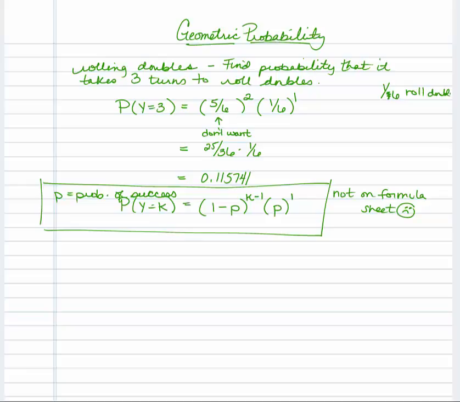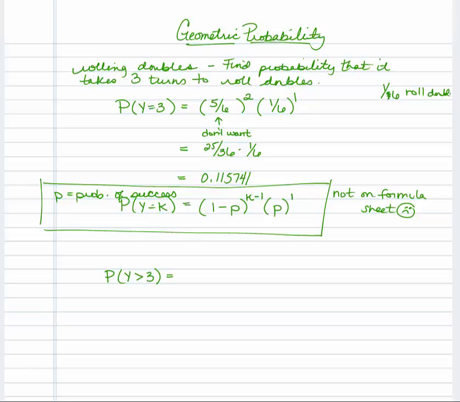Let's try one more. There's an infinite number of possibilities to take more than 3 turns to roll doubles. So let's try another example where it takes more than 3 turns to roll doubles. How would we calculate it?